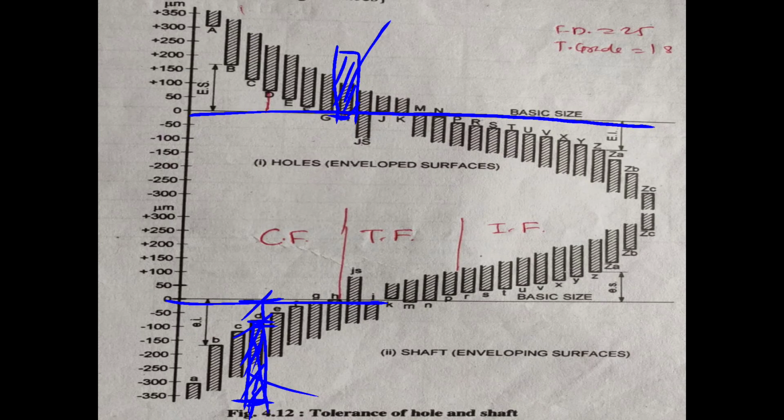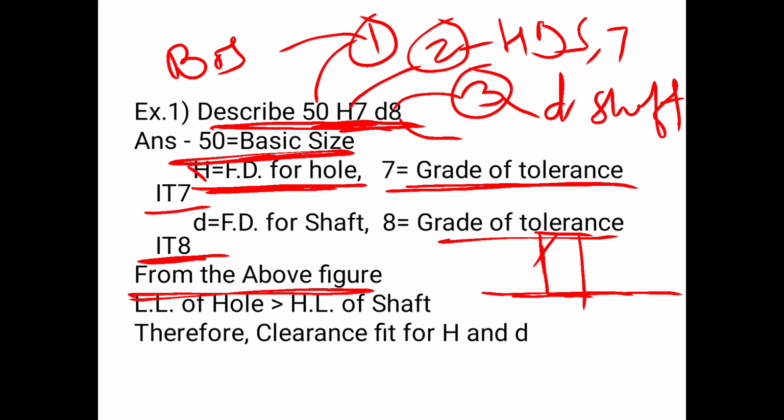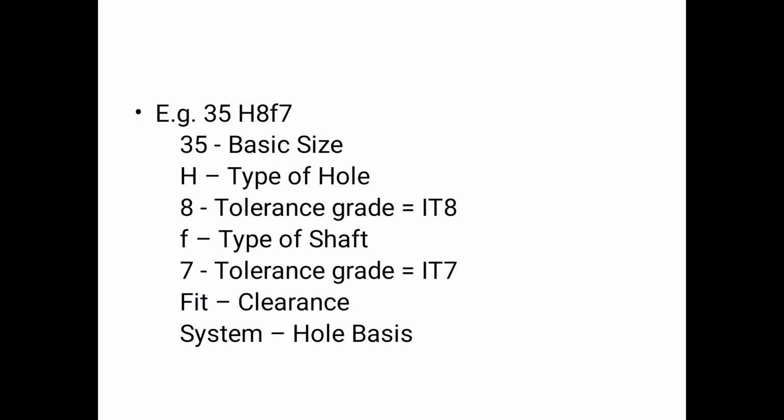So it will always make a clearance fit. Here I have written that from A to H there is always a clearance fit. D comes between A to H, hence it has a clearance fit. Therefore, from the figure there will be a clearance fit between the hole capital H and the shaft small d. This is the first example.